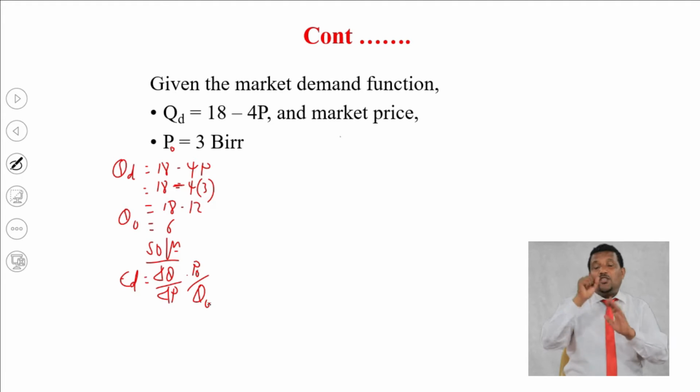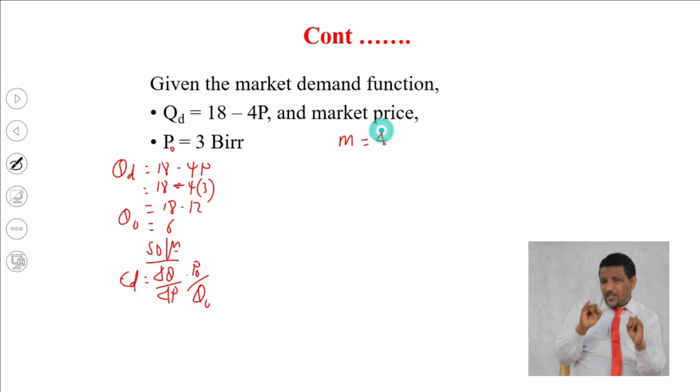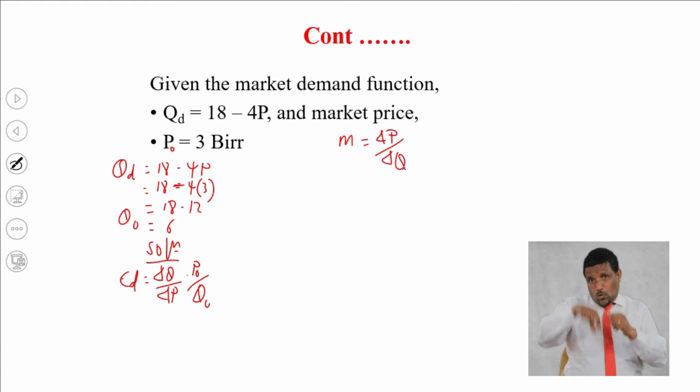We have to first get the slope of the demand function, because the slope is calculated by dividing the change in P for the change in Q. Once we get the slope, we can use the reciprocal of the slope of the demand function to get the value of the change in Q for the change in P.